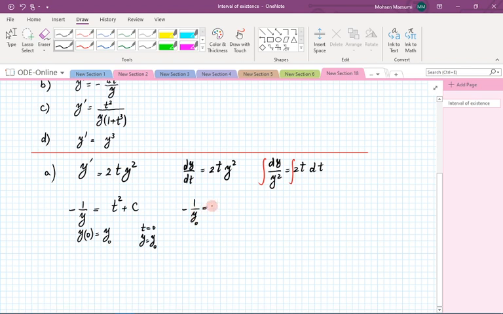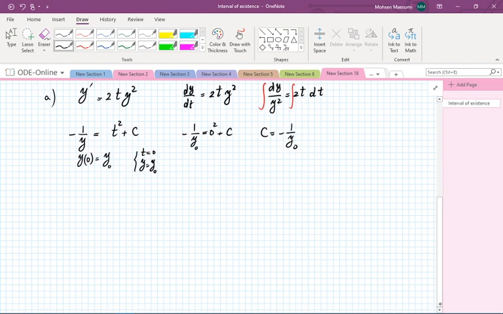Instead of t I put 0, and instead of y I put y0. Obviously in all of this, all of our y's should be different from 0. This cannot be 0 because there would be an issue here, and of course the integral would not have made sense, so we are staying away from 0. So we get our constant to be minus 1 over y0.